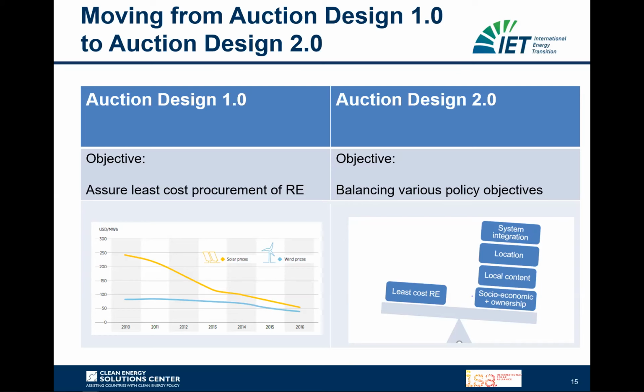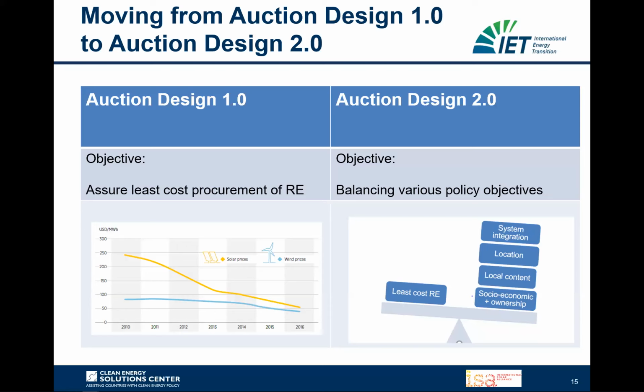Actually, solar PV has become the least cost procurement option in many countries around the world. So the initial objective to really procure least cost solar PV is no longer as paramount as maybe 5 years ago, because you're normally undercutting the cost of any other technology anyway.